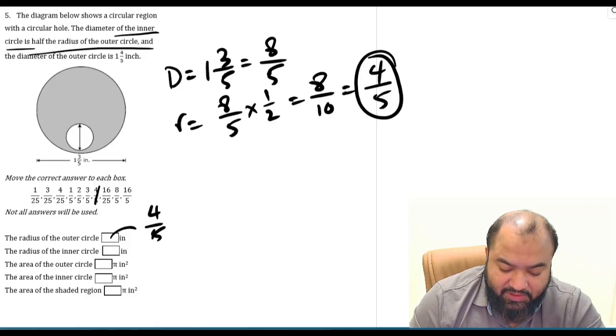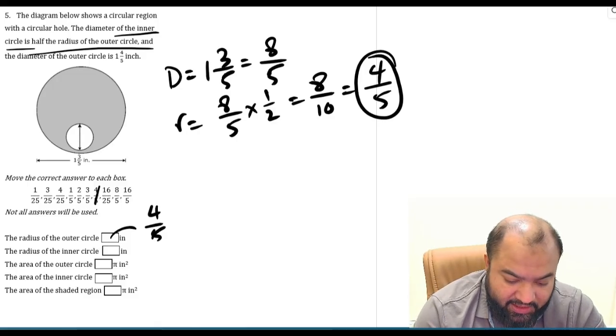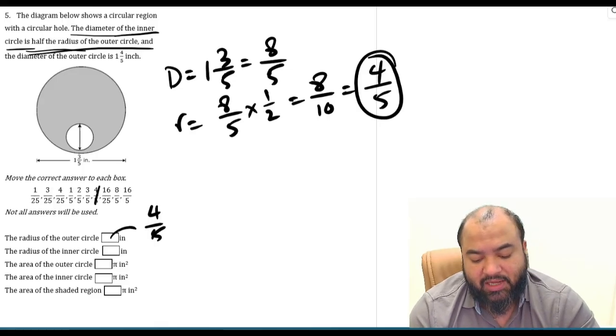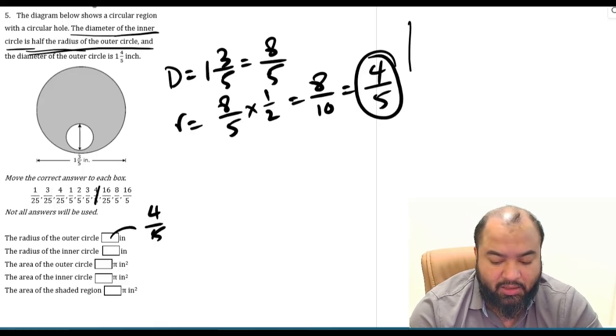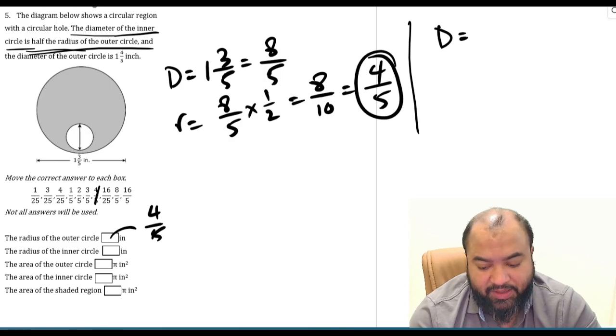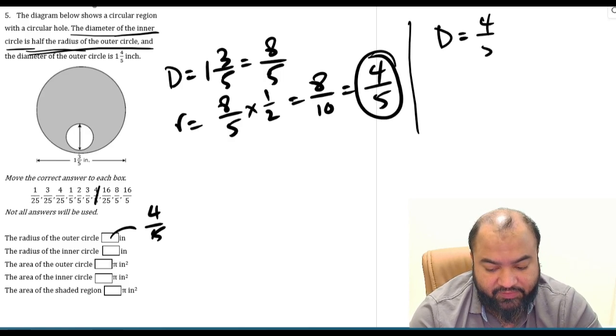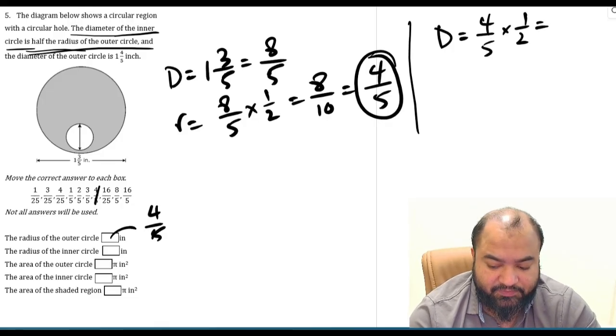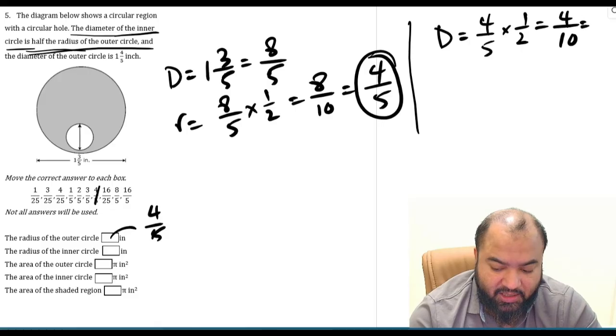Okay, now the radius of the inner circle. What did they say about it? They said the diameter of the inner circle is half the radius of the outer circle. So the diameter of the inner circle will be half the radius of the big one. What is the radius of the big one? It's 4/5. And half of it will be the diameter of the smaller one. So 4/10, so 2/5.